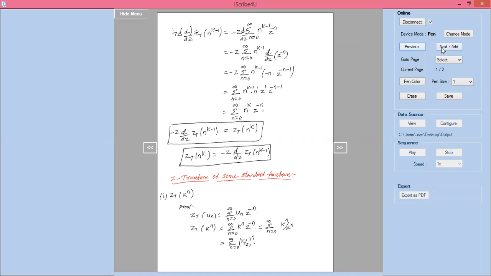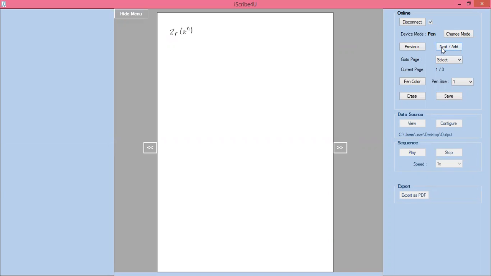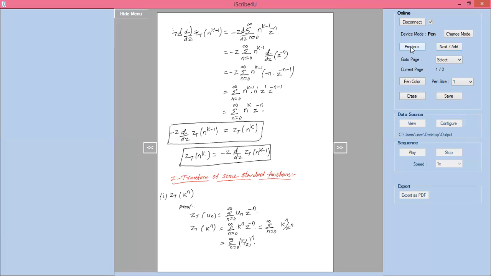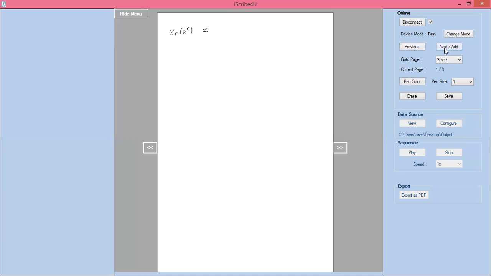Expanding, I get k by z whole power 0 plus k by z whole power 1 plus k by z whole square plus k by z whole cube plus and so on.